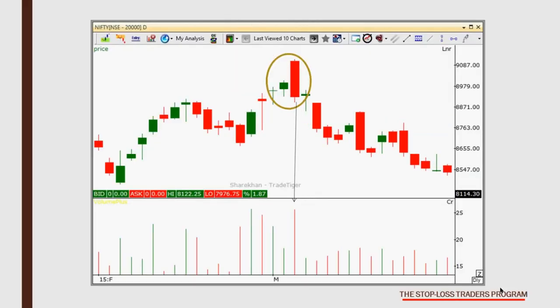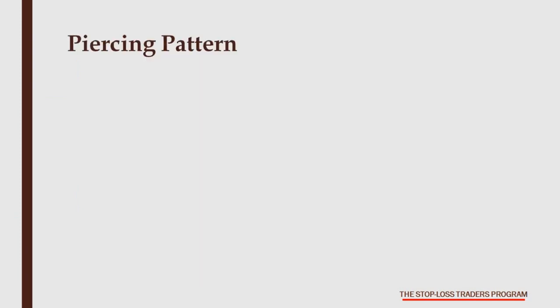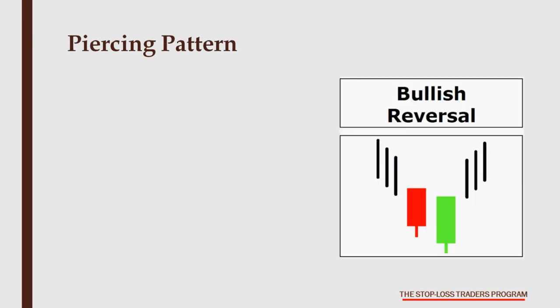So moving on, the next pattern is the piercing pattern. The name suggests that something is piercing something, right? So it is a bullish two candle reversal pattern. The structure is like this. The first candle has a red real body.